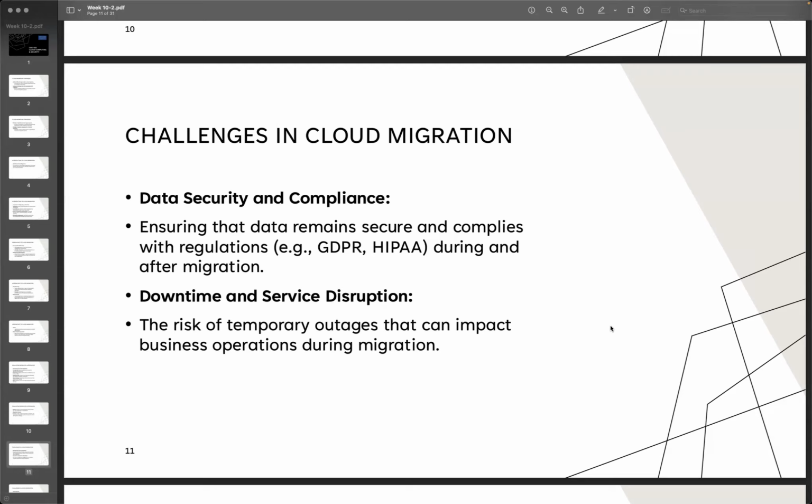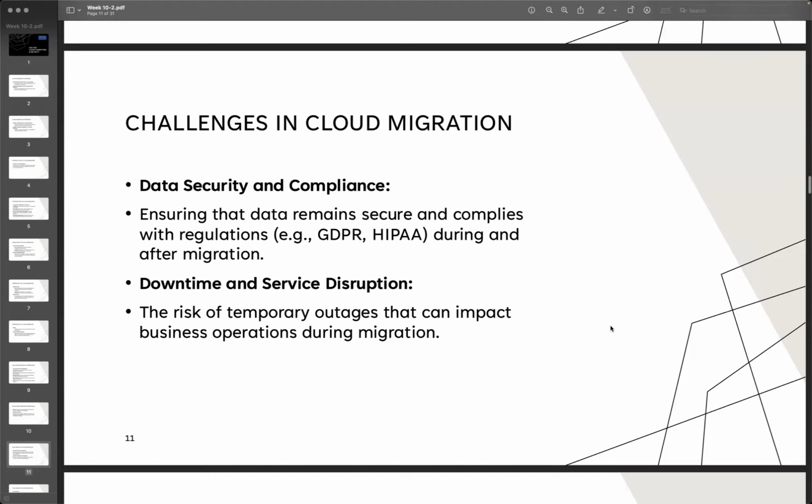But sometimes you need to do the migration during business hours, in the daytime. Then maybe some temporary outage costs the business. So are they allowed to have temporary downtime? Or if not, how can we figure out some solution? So we need to think about that.